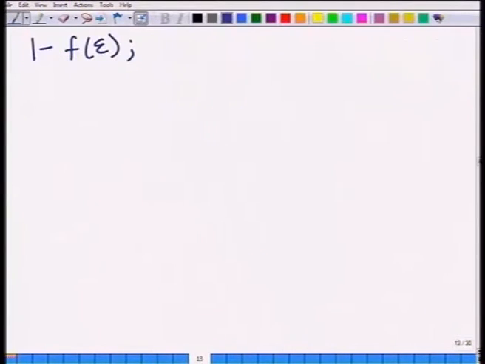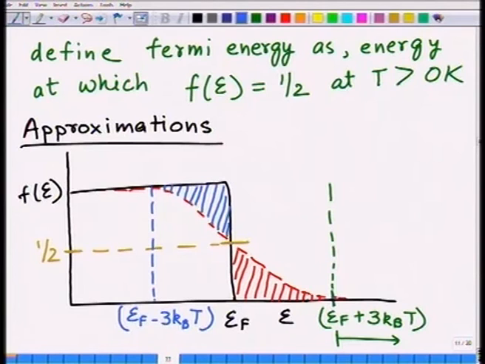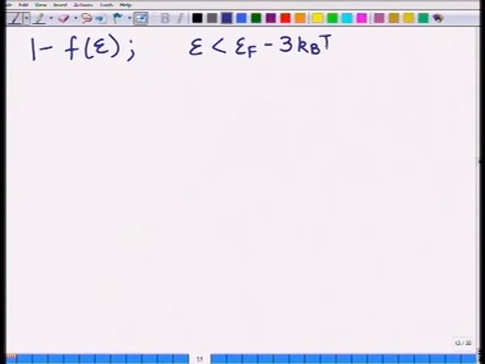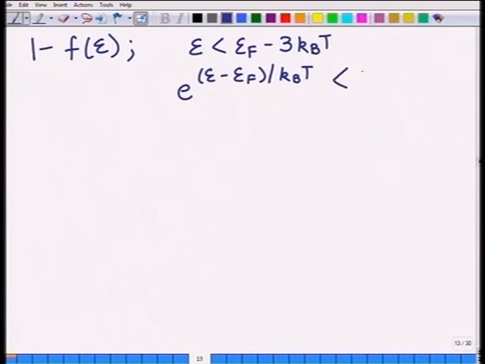So if I am looking at this, then I am looking at conditions where E is less than EF minus 3 kBT, or I am interested in the region where e to the power (E minus EF) by kBT is much less than 1.